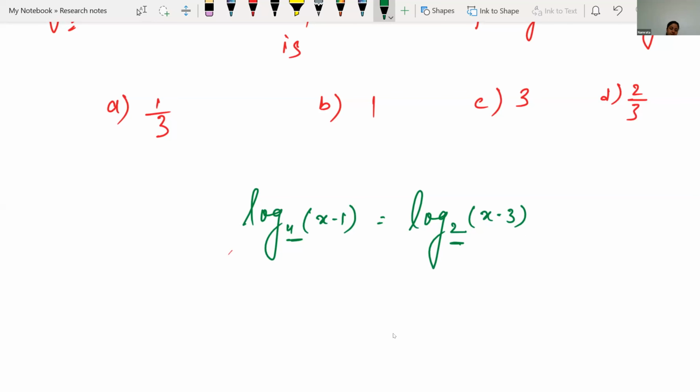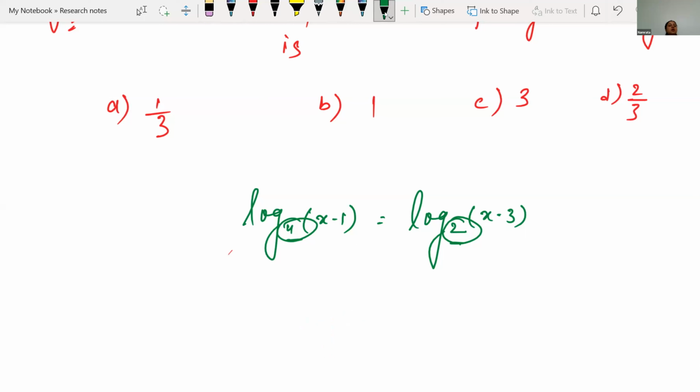Log a minus log b can be done, but the base has to be the same, right? Whatever property you have learned for logarithm, multiplication becomes addition, division becomes subtraction, everything is applicable for the same base.